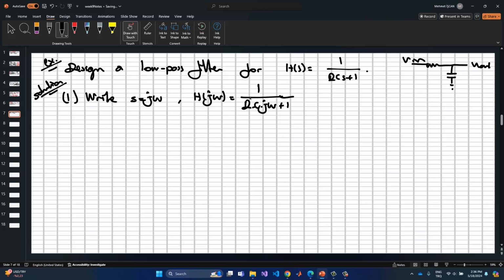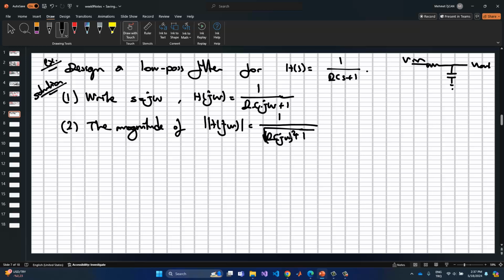And so we need to calculate the magnitude of these signals. H(JW), this is the hypotenuse of the Euler identity formulation. This is absolute form, and so 1 divided by the square root of (RCW) square plus 1. Okay, this is the magnitude.